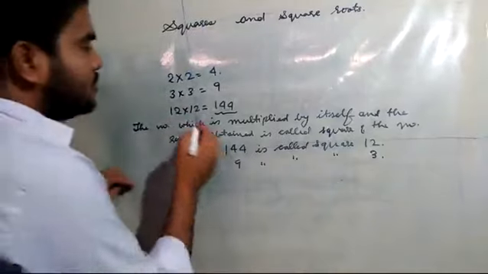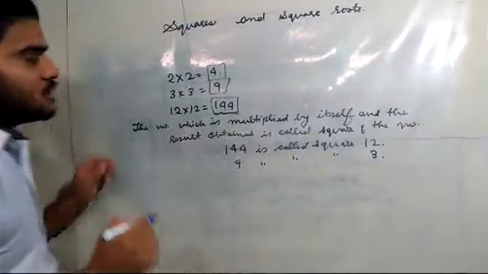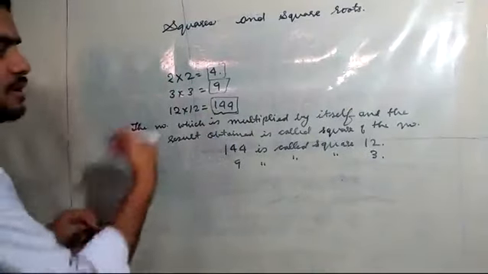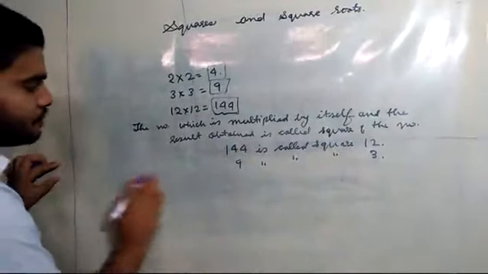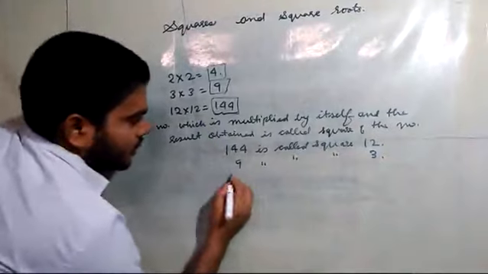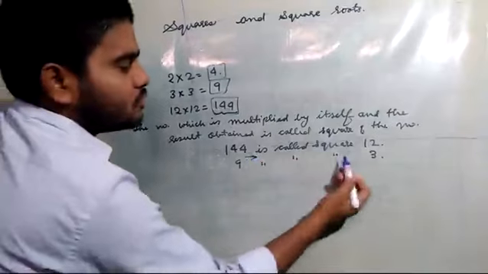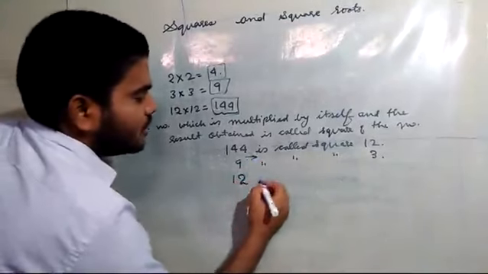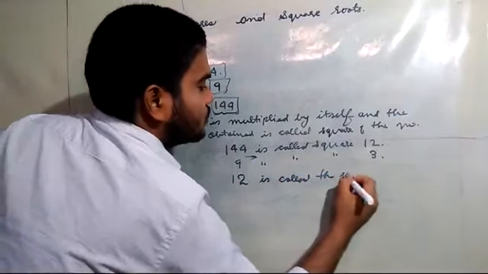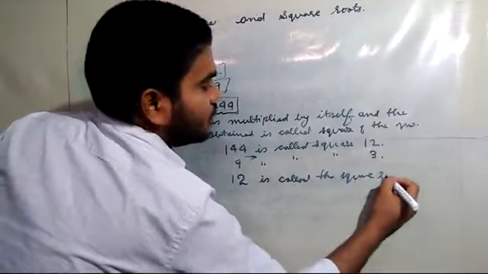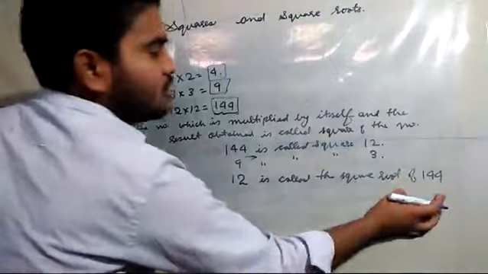Now all these numbers are called perfect squares, because each is a number multiplied by itself. Reading from this side, we read 144 as the square of 12, whereas if I write it the other way, 12 is called the square root of 144.